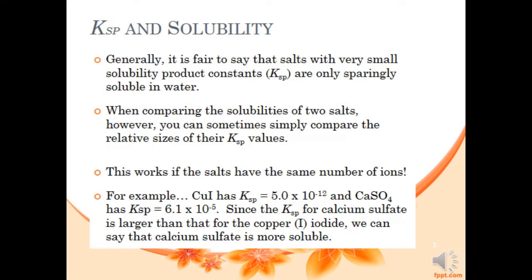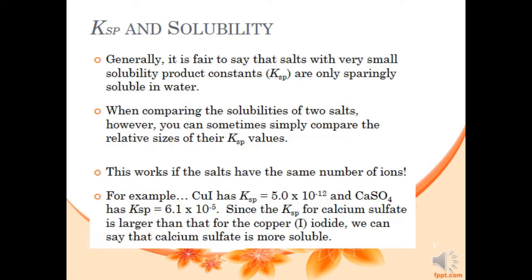Now how do we use Ksp to identify the solubility of any salt? Generally we can say that a salt with a very small Ksp value is only sparingly soluble in water.